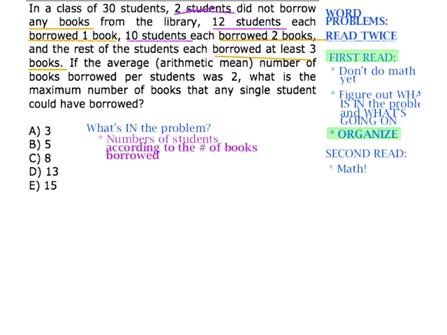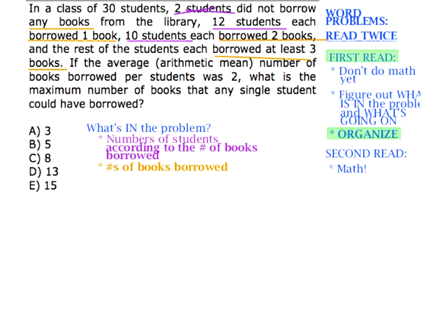It definitely helps. That seems weird to some people, but you're not really trying to do math yet. You're just trying to look at this stuff and be like, what's going on here? So what's happening is you have numbers of books borrowed. Okay. So that's pretty much everything that's in the problem, is those things.